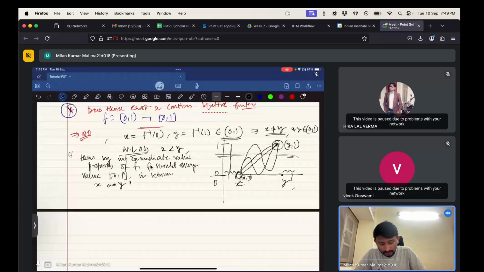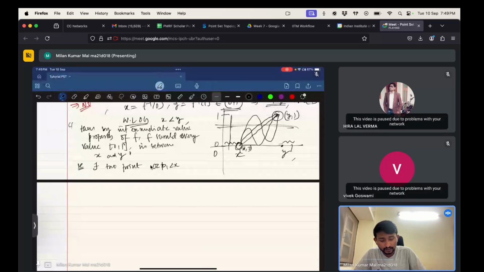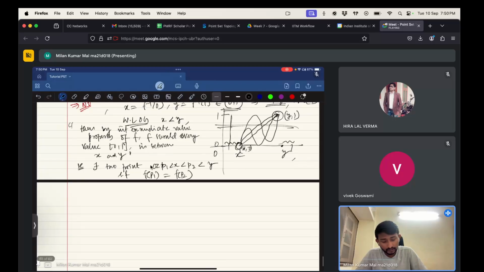That means there exist two points 0 less than p1 less than x less than p2 less than y, such that f of p1 is equal to f of p2. So f is not injective. That is a contradiction.